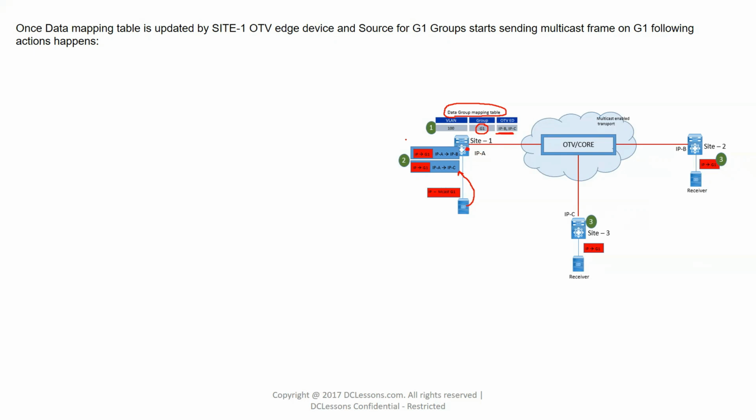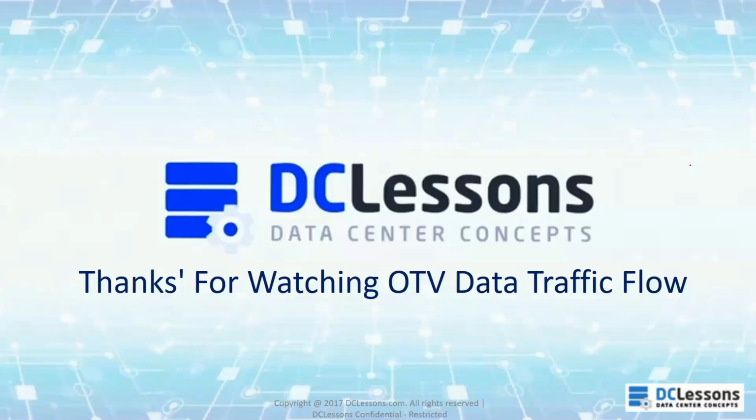It will create two unicast packets: source IPA, destination IPB of site 2, and source IPA, destination IPC of site 3, and then they are unicast routed to site 2 and site 3. Once the edge device receives this OTV multicast packet, it will decapsulate it and send it to the receiver.